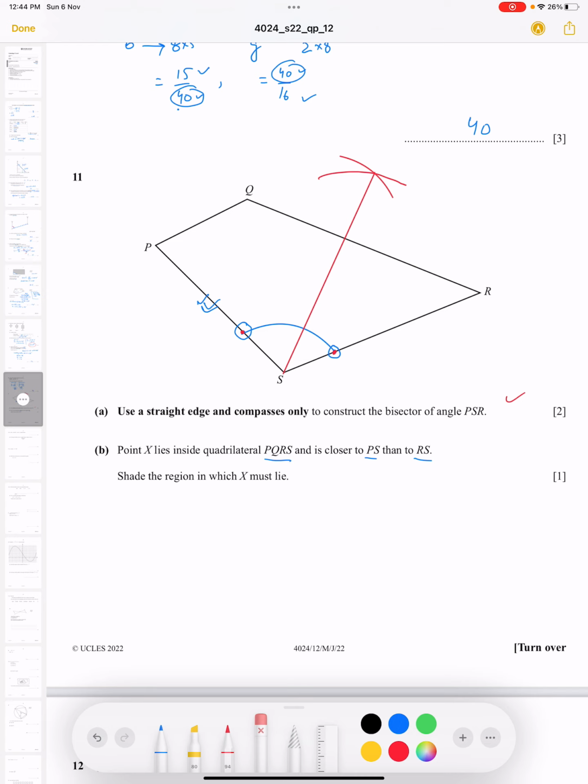Fine. Now you have to mark those points which are closer to PS than to RS. So this side of this angle bisector, this whole side, is closer to PS than to RS. That will be shaded. Okay? That's it.